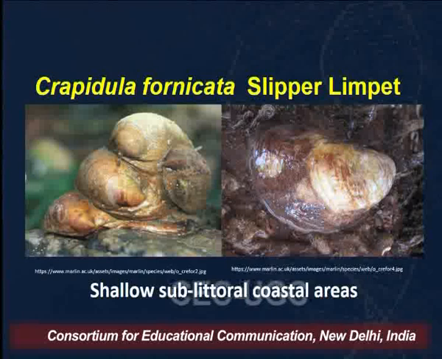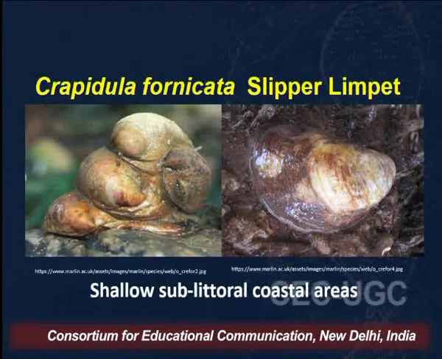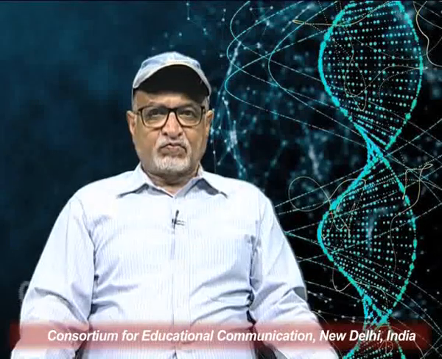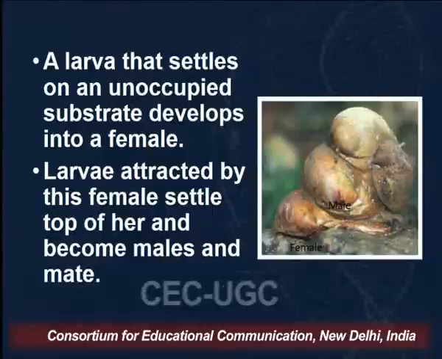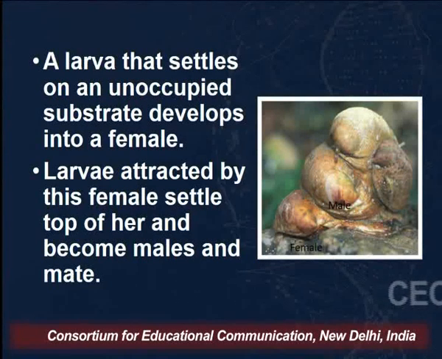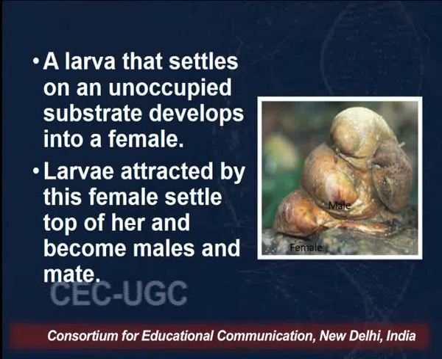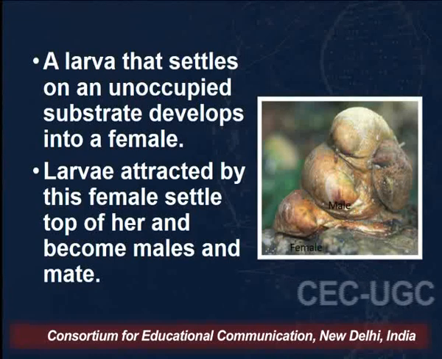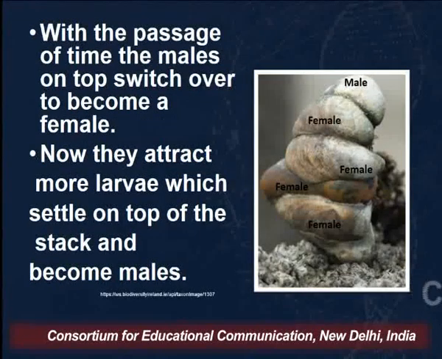On your screens, viewers, you can see the slipper limpet, which is present in the shallow sublittoral coastal areas. As the larva settles, if it is alone, it will transform into a female. Other larvae will be attracted and they will fall on top of this female and become males and mate with it.